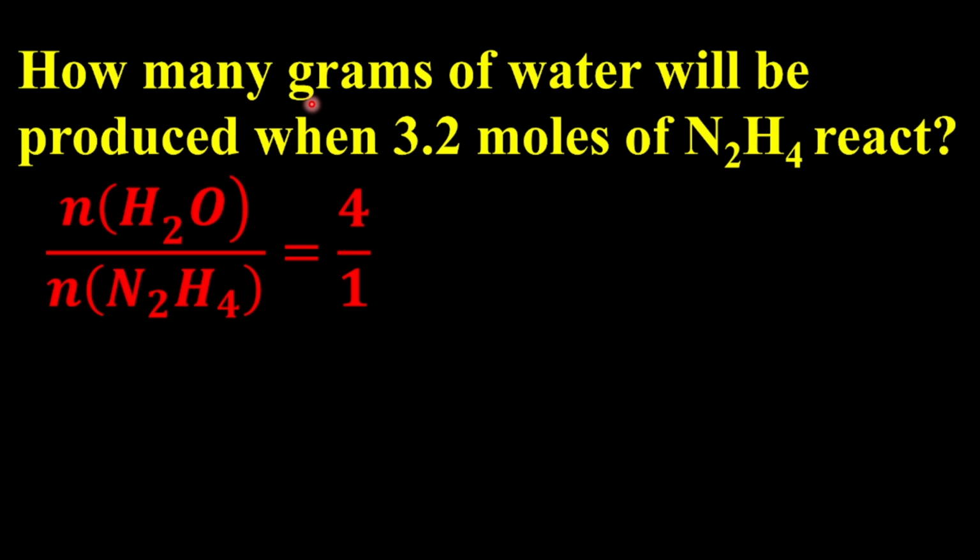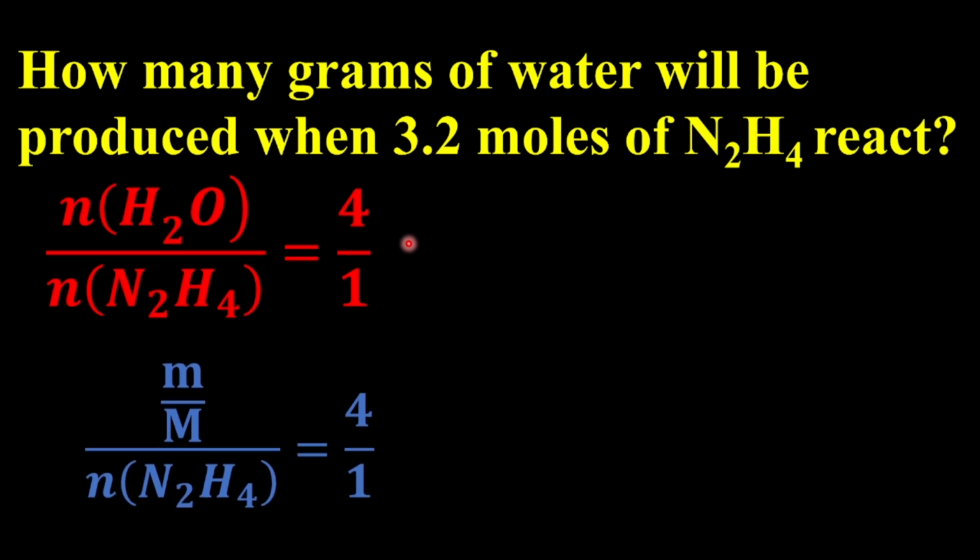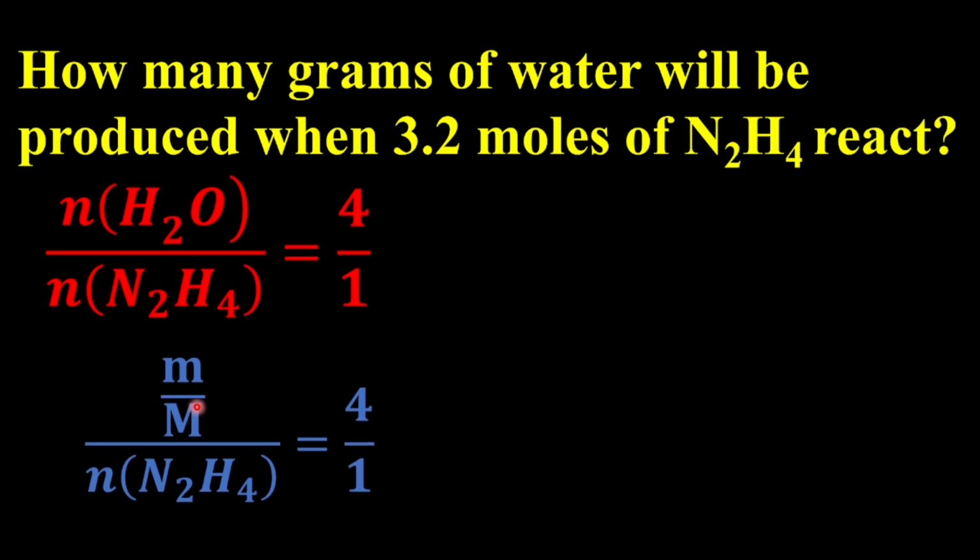Now, from the question, we are to calculate mass. So here we can put mass over molar mass. Now we have 3.2 moles, so down here we can replace this n of N2H4 by the 3.2 moles. This is how it is going to look: mass over molar mass, all over the amount that was given in the question, equal to 4 over 1, which is the ratio.